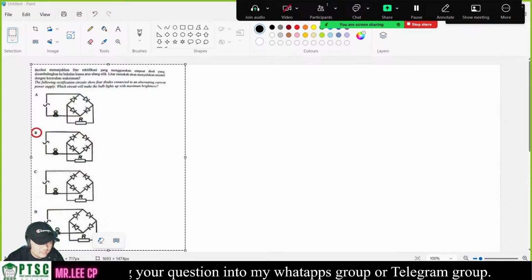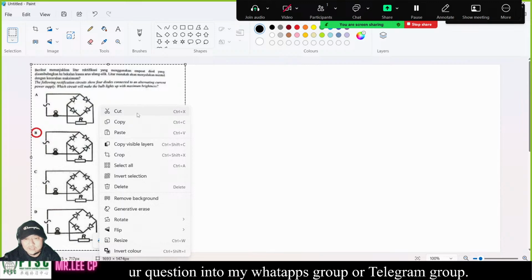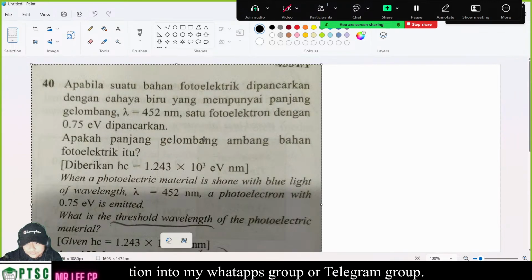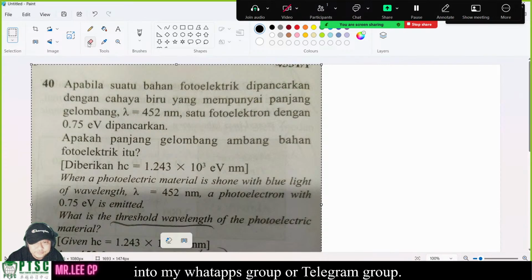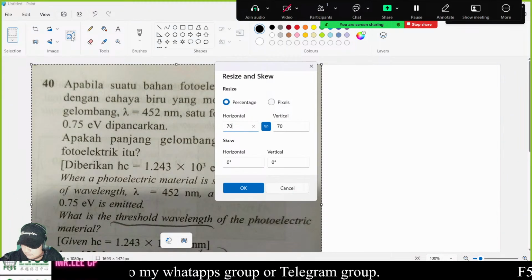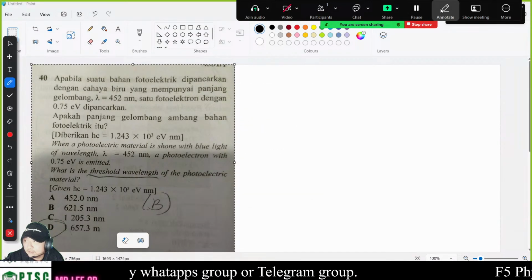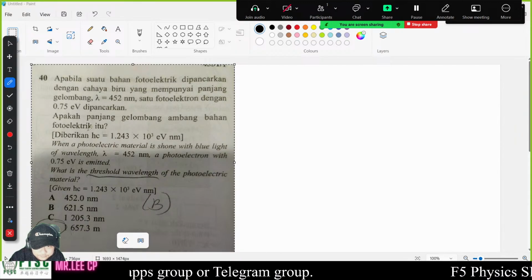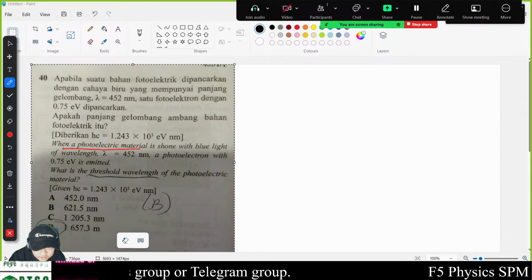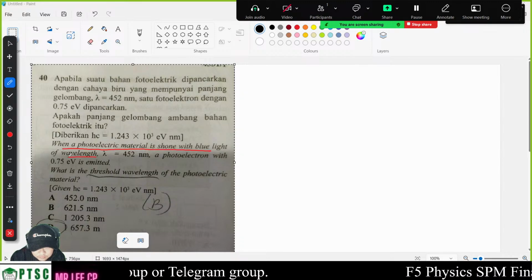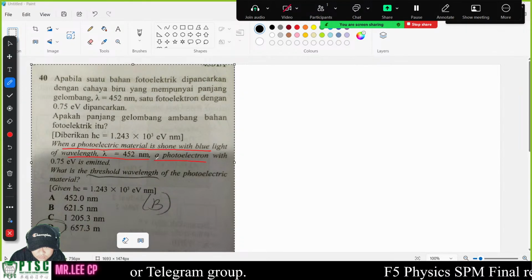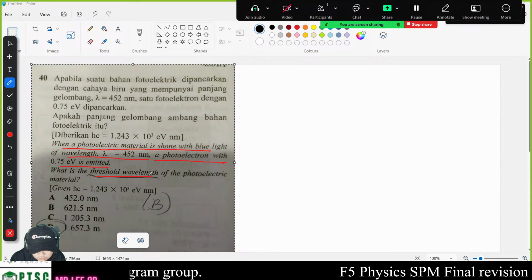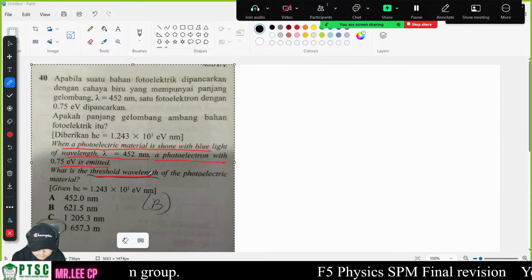Okay, you are asking a question, so this is the one. We answer this kind of question: when a photon of blue light with this wavelength is shone on a material and an electron is emitted, what is the threshold wavelength?